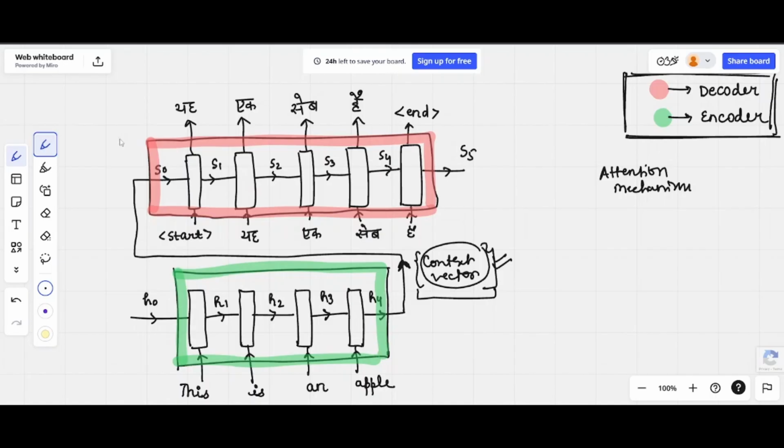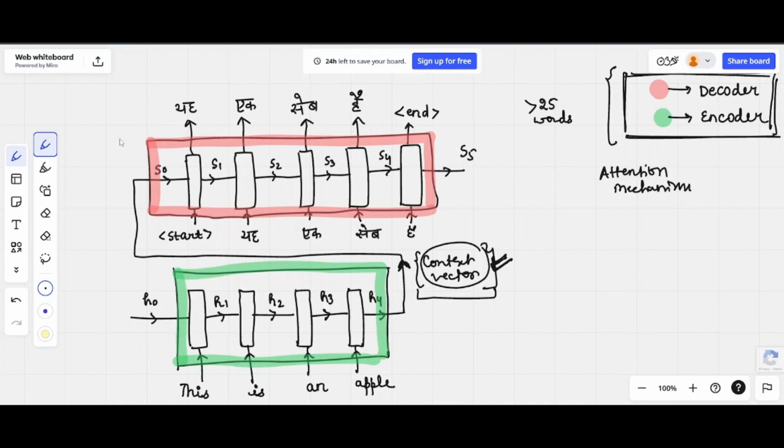This summary can't be the entire representation of what you have passed as input, and since this is summarized information, what you are getting as output from your decoder is also based on that incomplete information, right? So your encoder decoder model does not perform well when you have long sentences, something with more than 25 words. In those cases, the encoder decoder model fails.